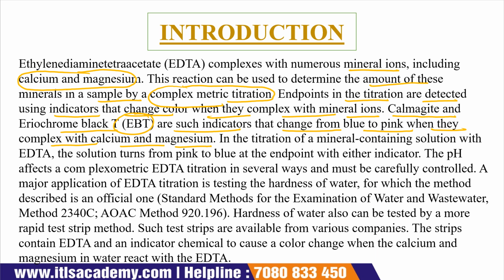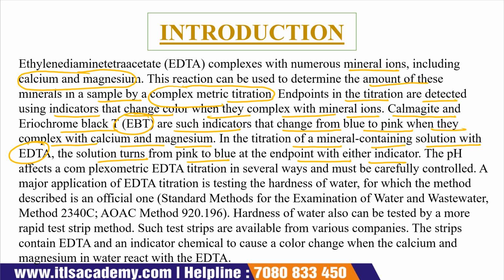Now, in the titration of a mineral-containing solution with EDTA, the solution turns from pink to blue at the endpoint with either indicator. So when we titrate, if the minerals contain this EDTA solution, then the solution turns from pink to blue.